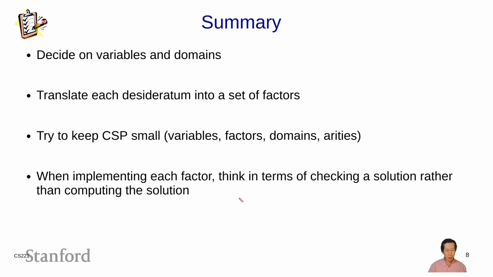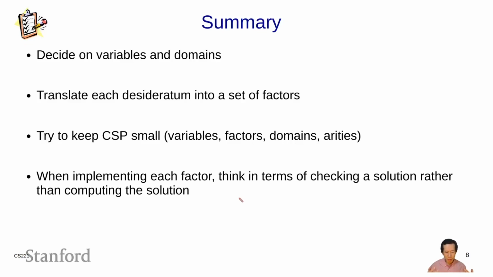And finally, a reminder: when you think about implementing each factor, it is true that each factor is itself a little mini program, but you should really think of it in terms of checking a solution, checking whether the assignment to the variables of that factor is valid, rather than trying to compute the solution. So equals is mathematical equality rather than assignment.